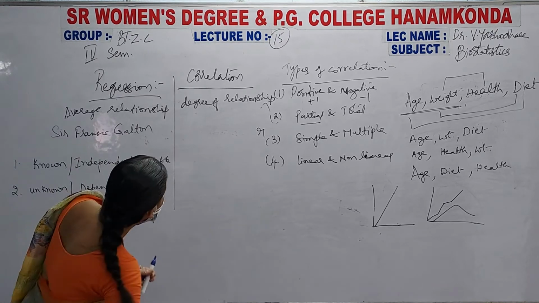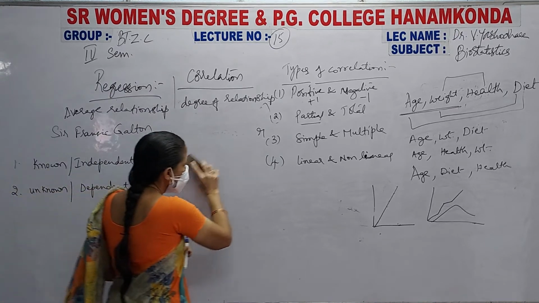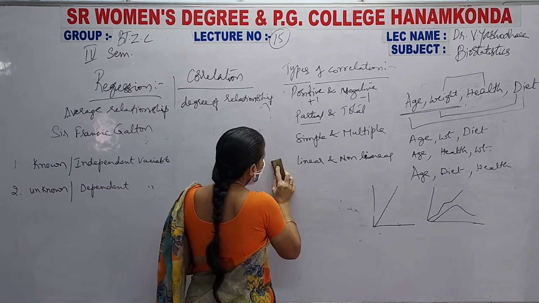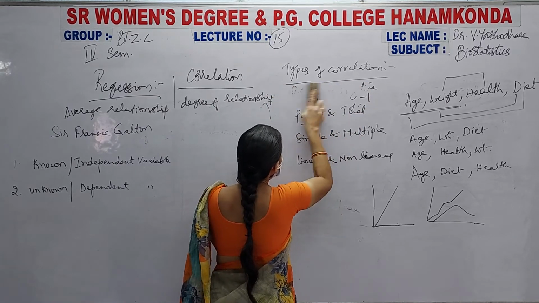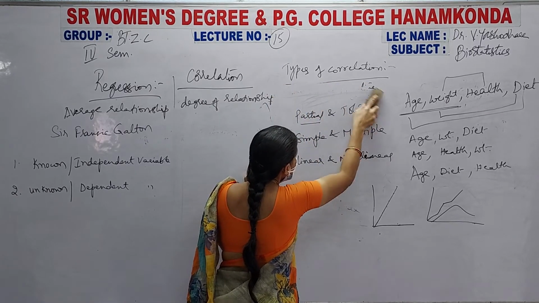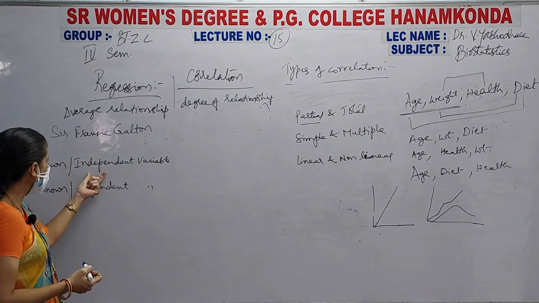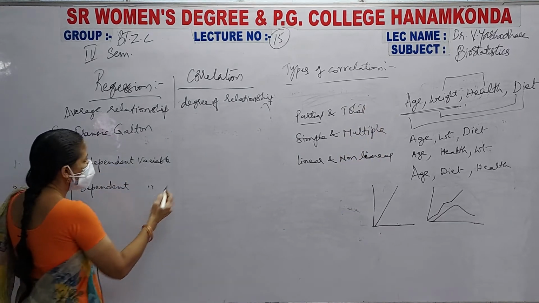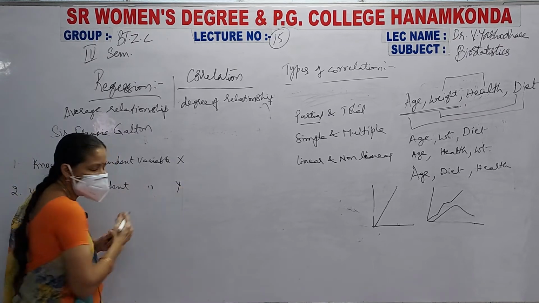There are two types of variables: known variable or independent variable, and unknown variable or dependent variable. The independent variable is denoted by letter X and the dependent variable is denoted by letter Y.